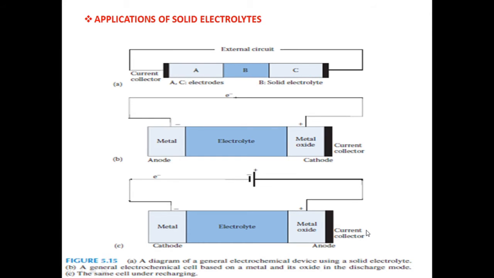The solid electrolyte B in diagram A, which is able to conduct ions but not electrons, is sandwiched between two electrodes A and C, which are connected by an external circuit around which electrons can flow.